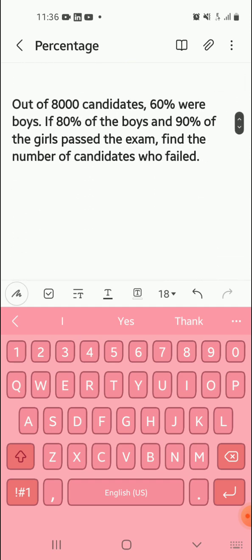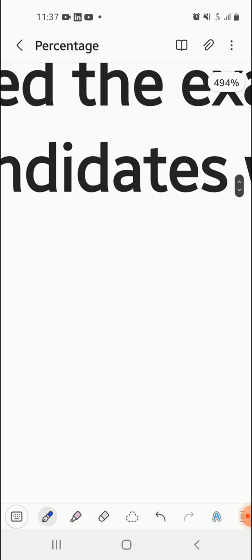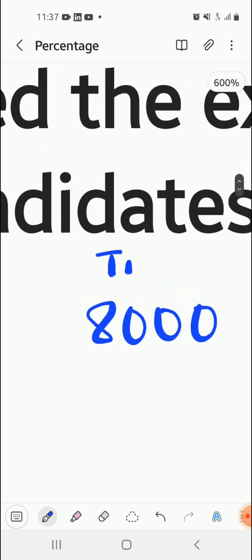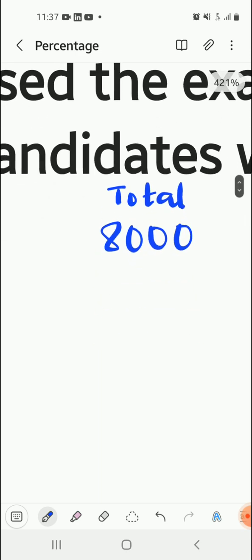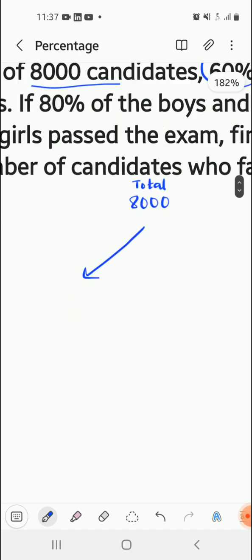Now moving on to the next sum, we are given out of 8,000 candidates, 60% were boys. So we will first understand how to do it. Total is 8,000. This is my total. Out of this 8,000, 60% are boys.